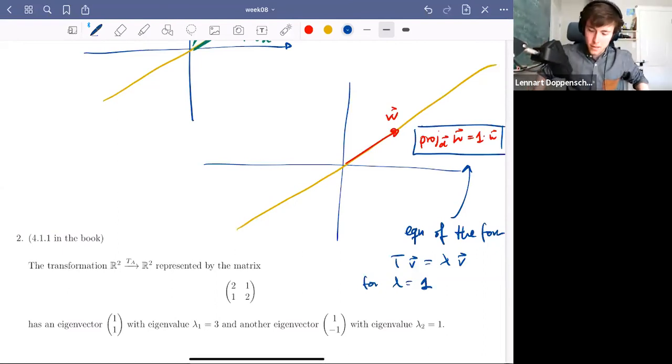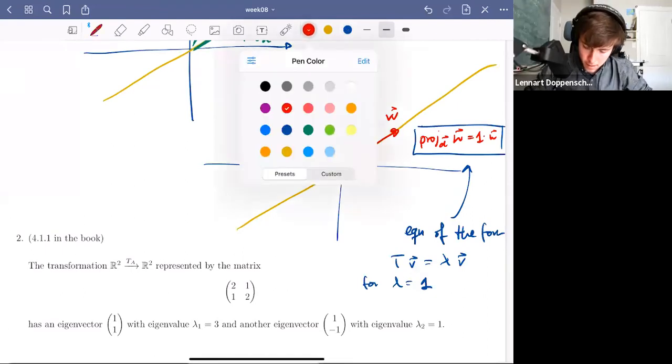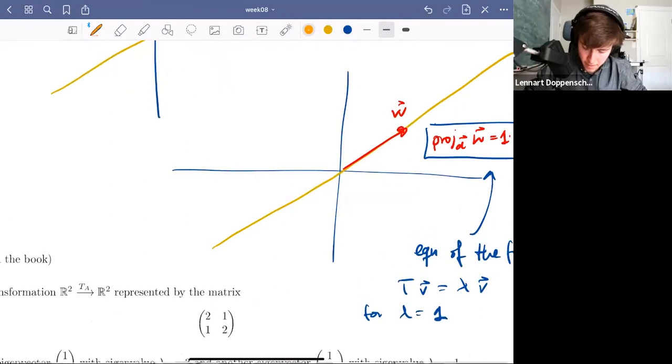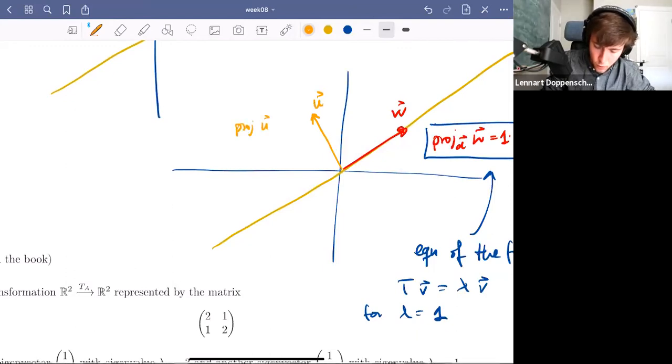All right. Another vector, and that's something Jancy just wrote in the chat, is a vector perpendicular to this. Let's call this U. What happens if we project U onto this line with direction vector D? It's just going to be 0 because it's completely perpendicular. So if we squish it down, it's going to be 0.